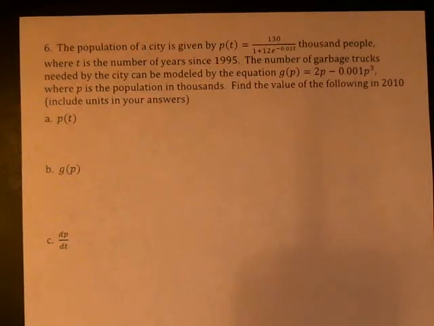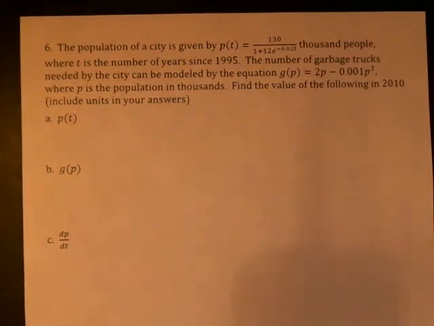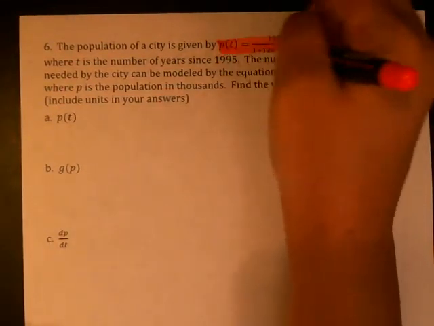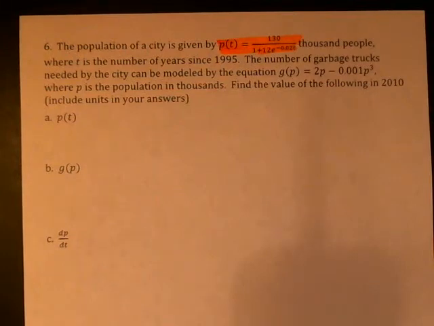Okay, so my application, I got my cheat sheet here so I don't have to calculator on you along the way, is that I have these two functions. First I have function p of t, and it is inputting the number of years since 1995 and outputting the population of a city in thousands.